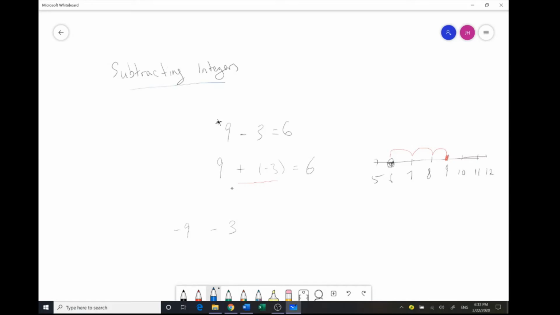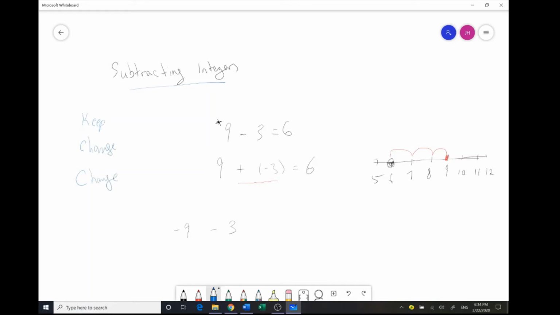and here's the rule. When you do subtracting integers, you have to apply KCC, which stands for keep, change, and change.